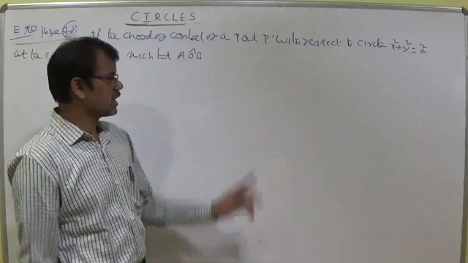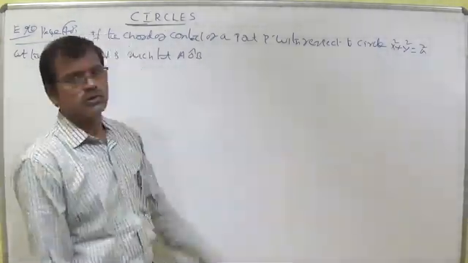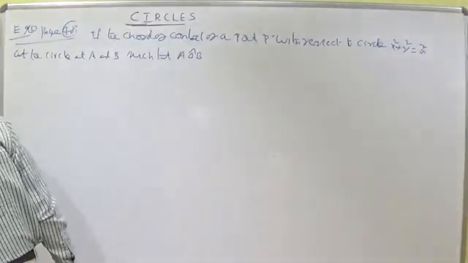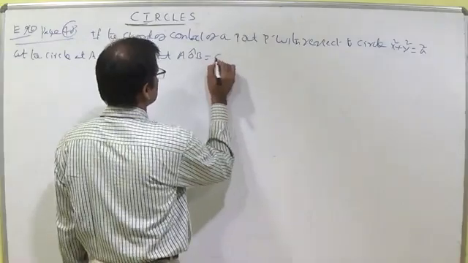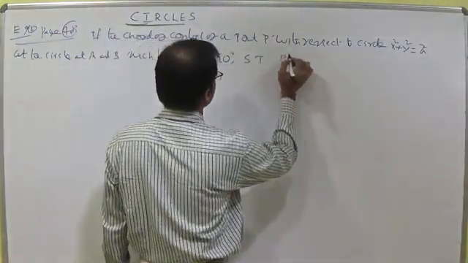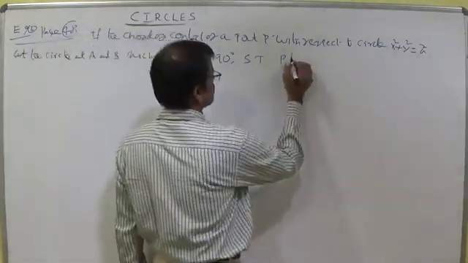That indicates angle, the middle letter is always the vertex, so angle AOB at O is 90 degrees. Then show that P lies on the circle.